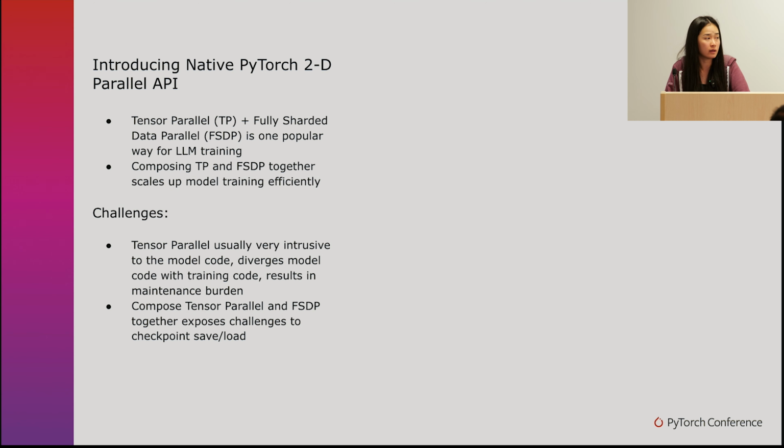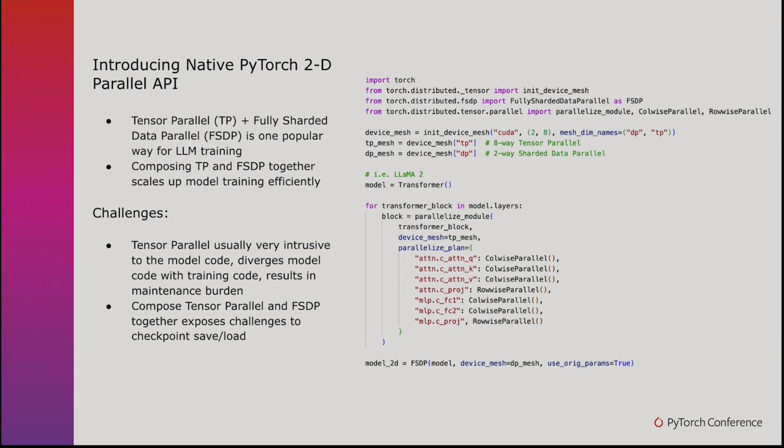Usually Tensor Parallel is intrusive to the model code. When the distributed code is intertwined with training code, it really increases your maintenance burden, right? Another pain point is that composition makes checkpointing hard as well. So for our native 2D APIs, other than having competitive end-to-end performance, we're also looking to solve the pain points that I just mentioned.